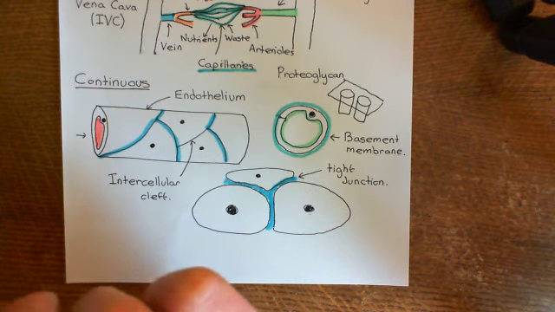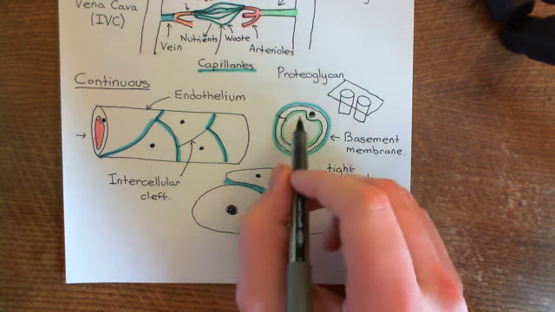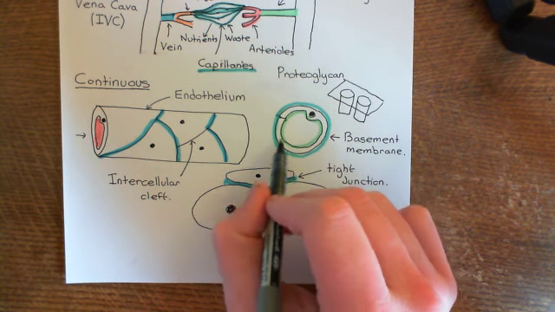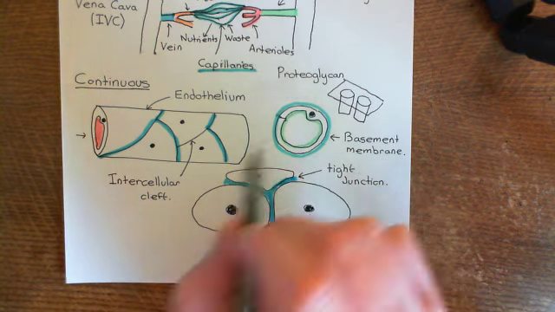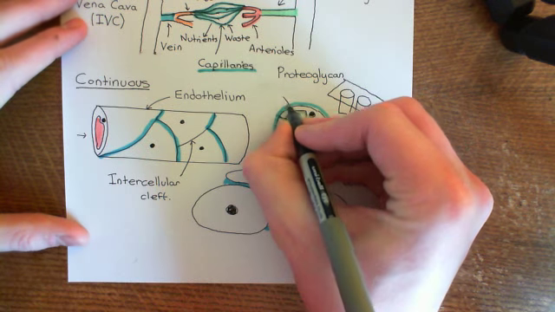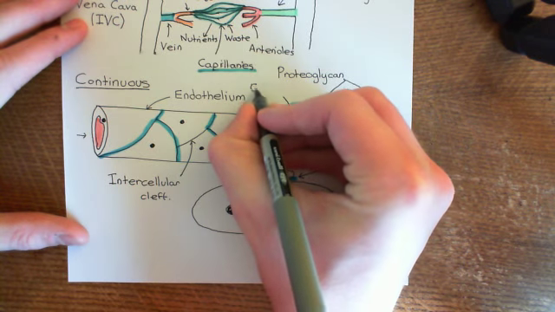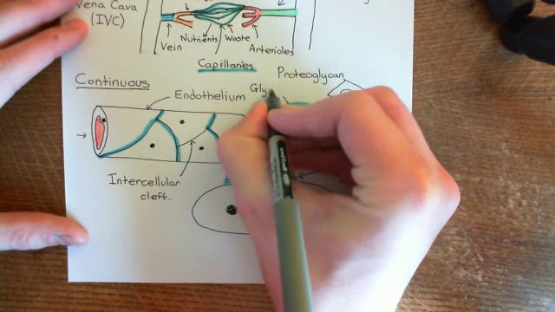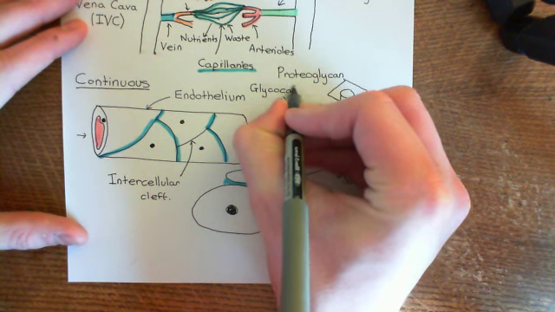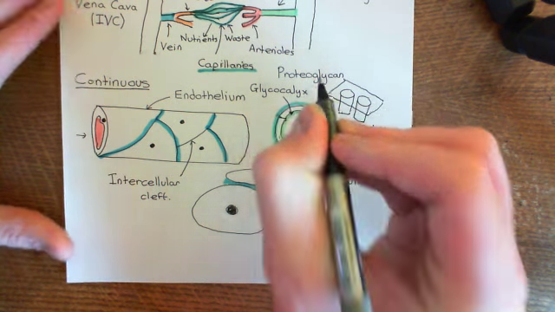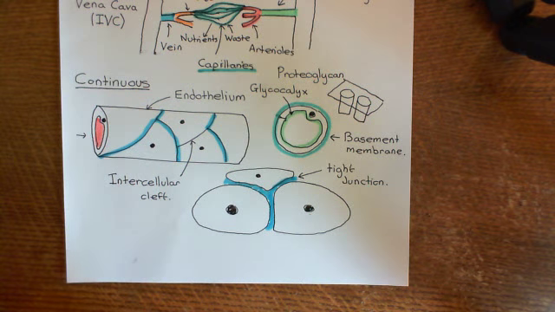Now, this layer of polysaccharides over the apical surface of the endothelial cells has a name. Okay, so it's made of proteoglycans, but that's not its name. Its name is the glycocalyx. Okay, so the glycocalyx is this layer of polysaccharide that is over the apical surface of the endothelial cells.